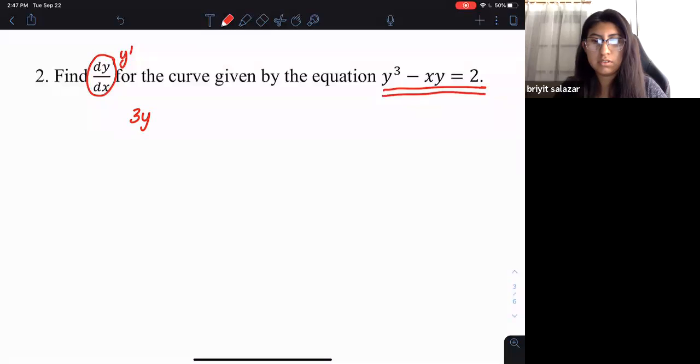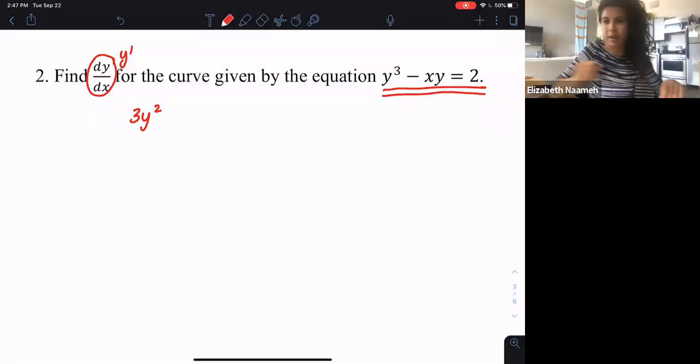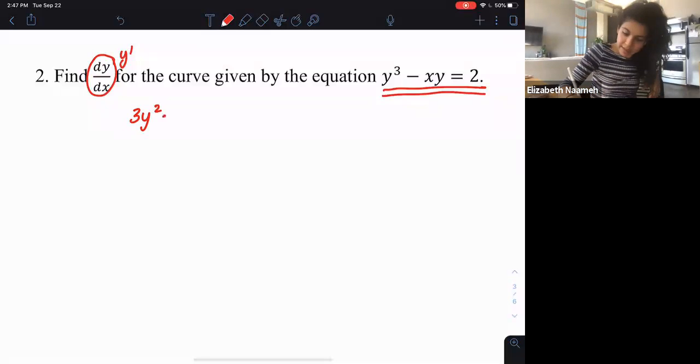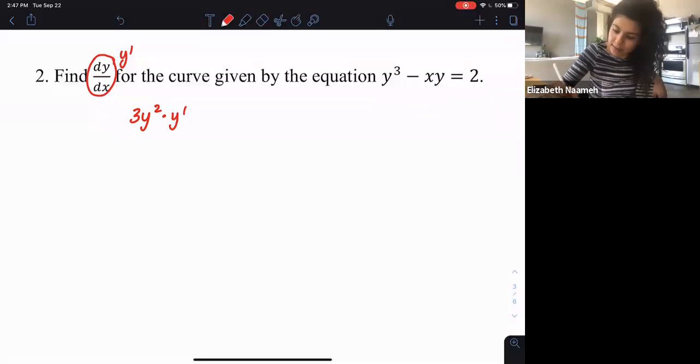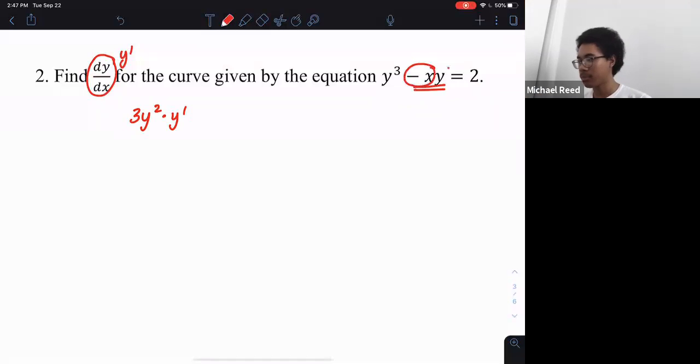Bring the power down, subtract 1. Keep going, times y prime. Very good. Guys, what should I do for the next piece? Product rule. Make sure you circle the negative with the x.